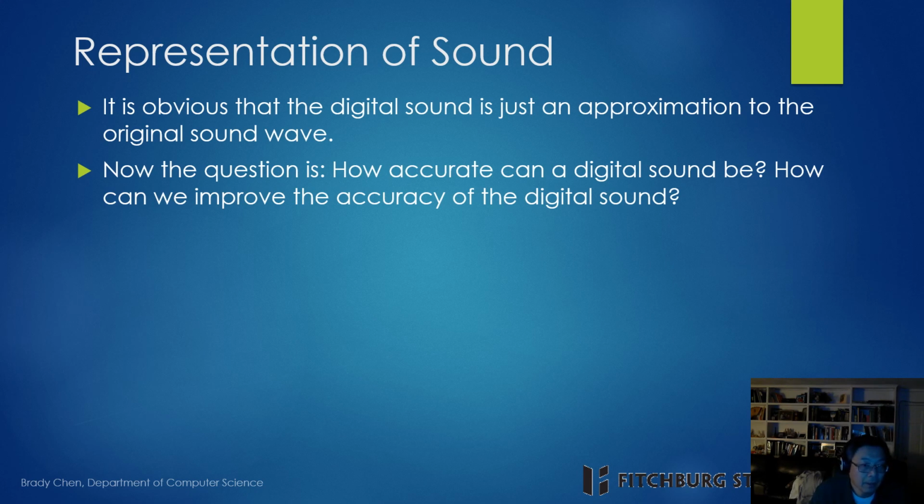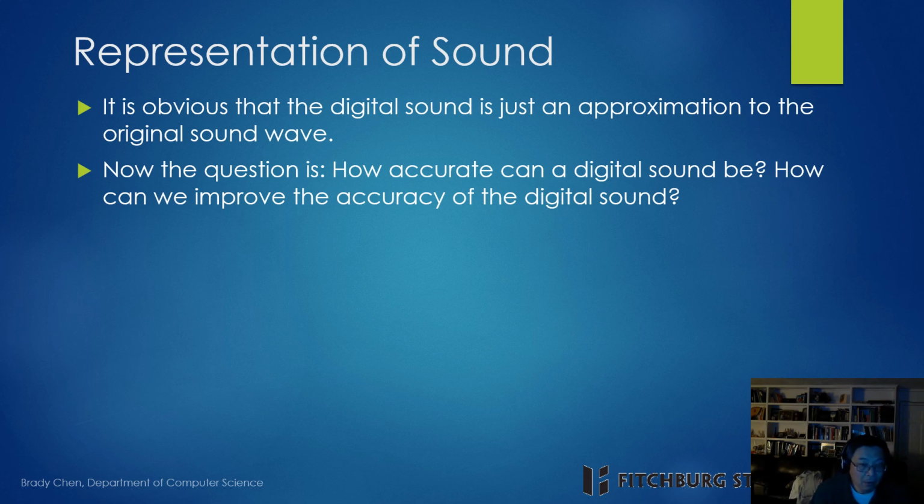Okay, how can we improve the accuracy of the digital sound? Can you provide an answer? Yes, the answer is we can improve the accuracy of the digital sound by increasing the number of samples.